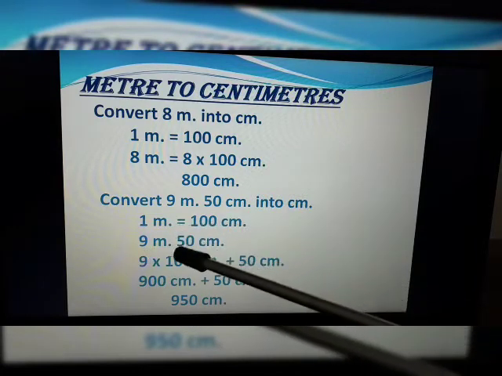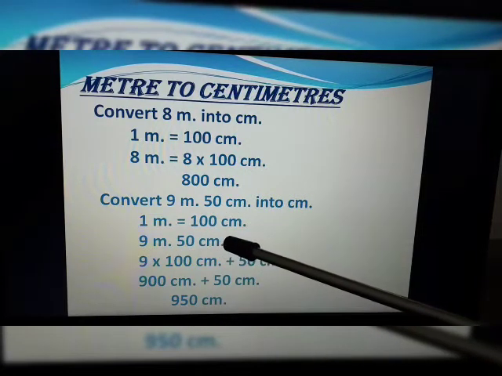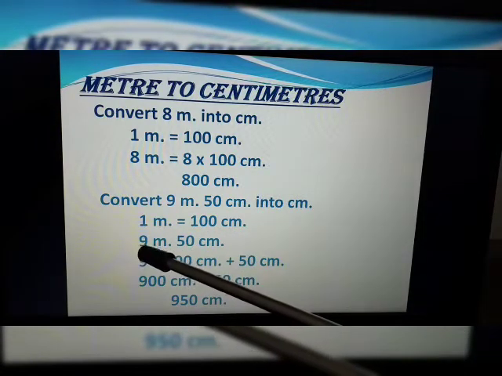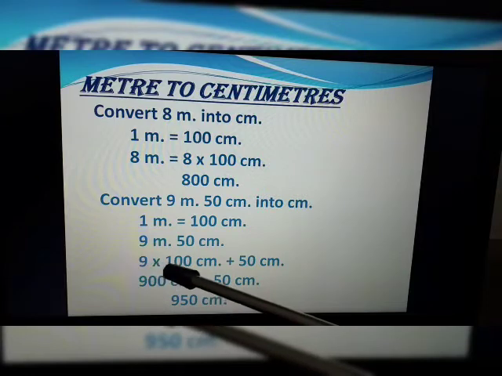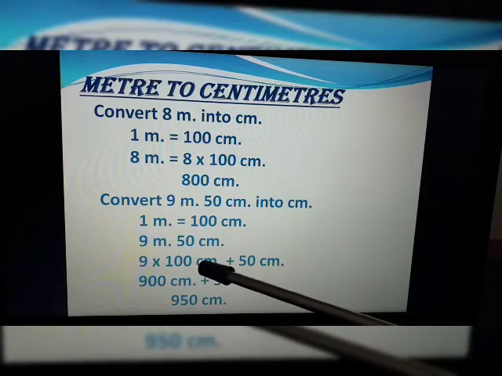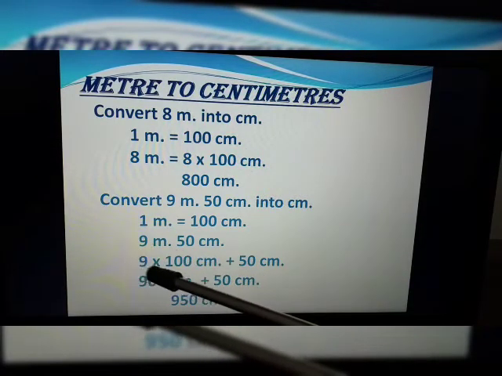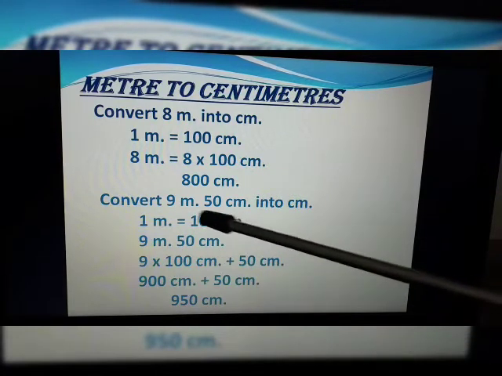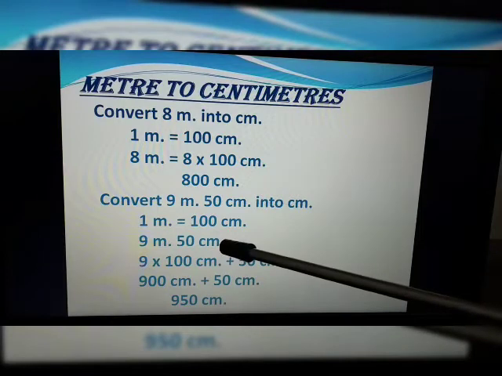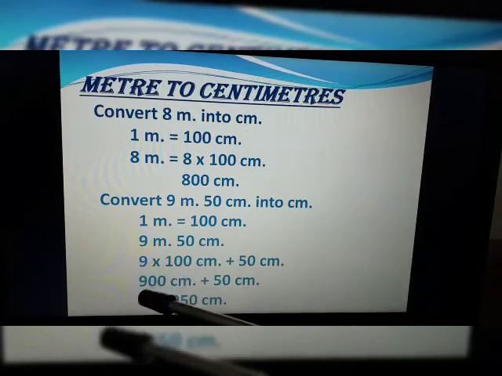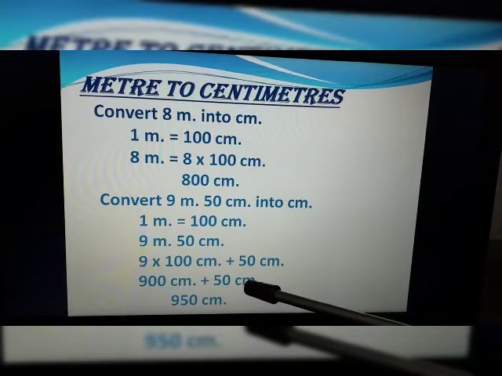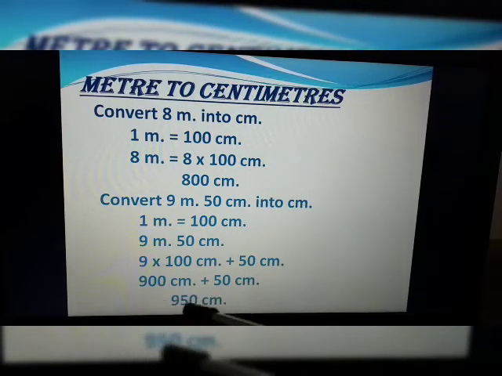So here 50 is already in centimeter, so we have to convert only 9 meter into centimeter. 9 into 100 centimeter. So we will convert only 9 and add 50 as it is, because this is already converted into centimeter. So 9 into 100 centimeter is equal to 900 centimeter plus 50 centimeter. So the answer will be 950 centimeter.